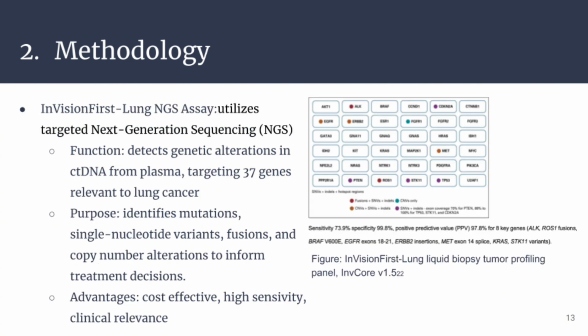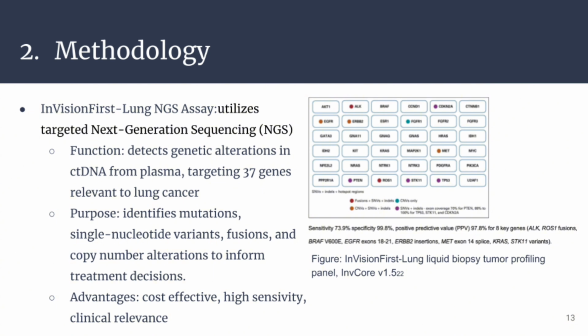About the Envision First Lung NGS assay, it is the assay used to target and detect the specific genetic alterations in the patient's ctDNA, and the function of this is to detect the genetic alterations in circulating tumor DNA from plasma.